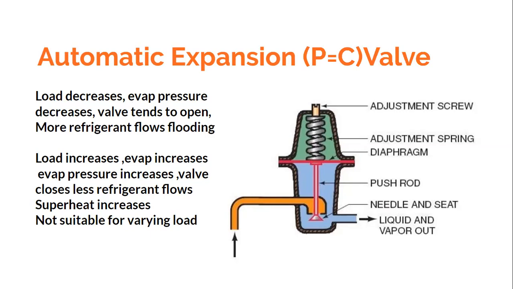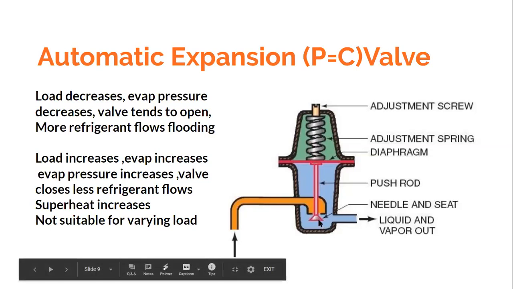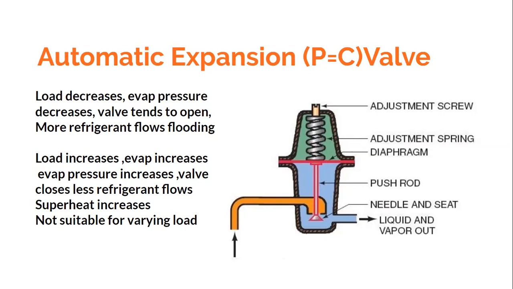But exactly the opposite happens in the automatic expansion valve. When the load decreases, the valve tends to open and more refrigerant flows into the evaporator. So actually the refrigerant floods. When the load increases, now what should happen ideally? The refrigerant flow should increase.